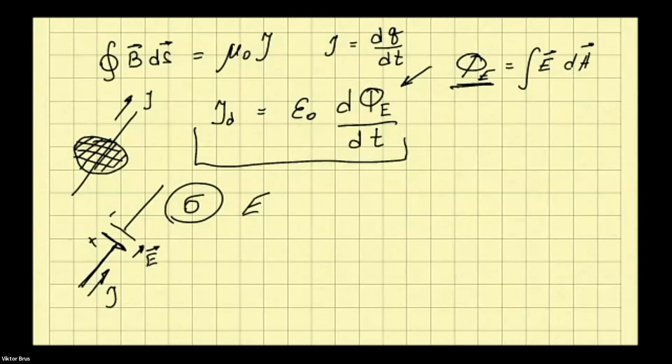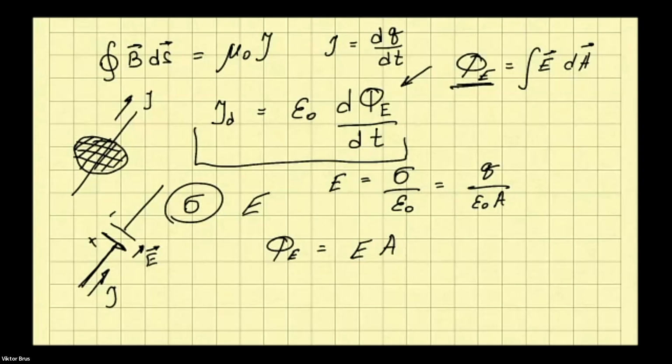So inside the parallel plate capacitor, we know that the electric field is equal to surface density sigma of electric charge divided by epsilon naught, assuming that we have vacuum between the plates. This we can write as total charge Q divided by epsilon naught divided by area of the plates. So electric field flux will be equal to electric field times area of the plates.